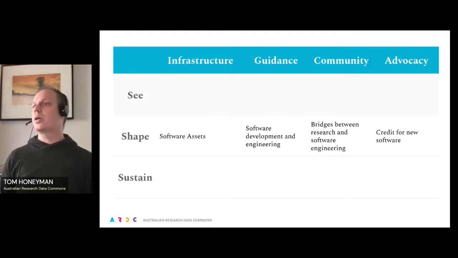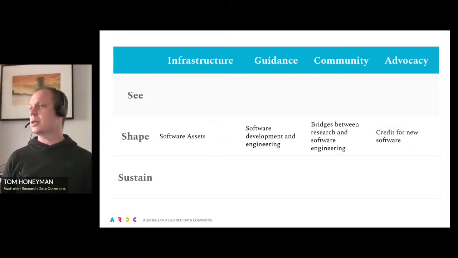Right, when we're talking about shaping research software for best and easiest reuse, the relevant area of infrastructure is the software assets themselves. The area of guidance is for those nascent research software engineers, software development and engineering practices. The relevant communities are what I call the bridges between research and software engineering.